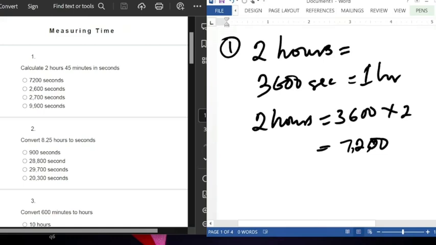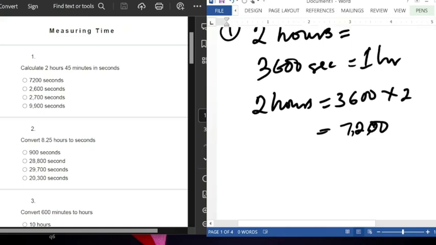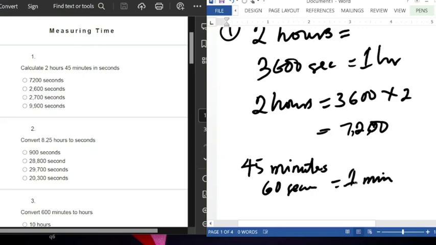Then the second part of the question is 45 minutes. So we need to change 45 minutes to seconds as well, and 60 seconds make 1 minute, right?